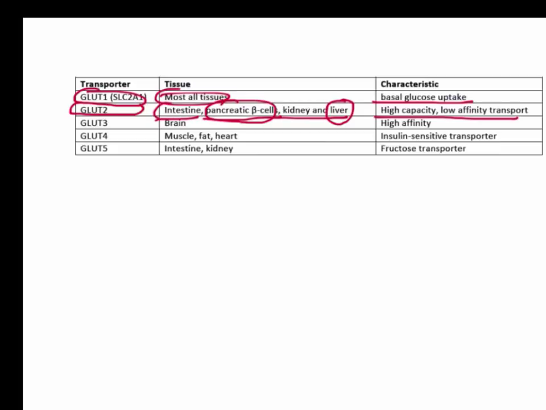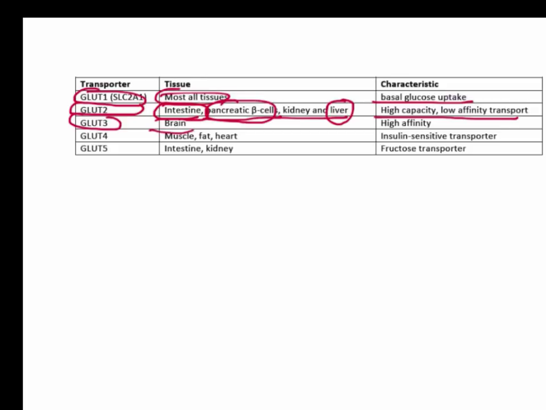GLUT2 is also present in the intestinal epithelial cells, and all 3 monosaccharides, glucose, galactose, and fructose, are transported from the intestinal mucosal cell into the portal circulation by GLUT2.